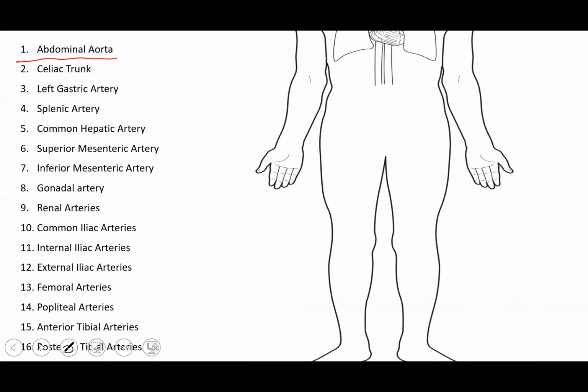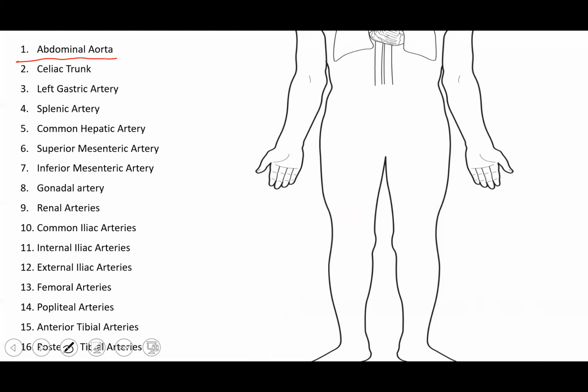I'm not going to really draw it in because we already know it's there. Now keep in mind that the abdominal aorta is actually all the way posterior in the abdominal cavity. So it's pretty much secured to the back of your body cavity by lots of fascia. All of the visceral organs, so the stomach, the liver, the intestines, all of those viscera are anterior to the abdominal aorta.